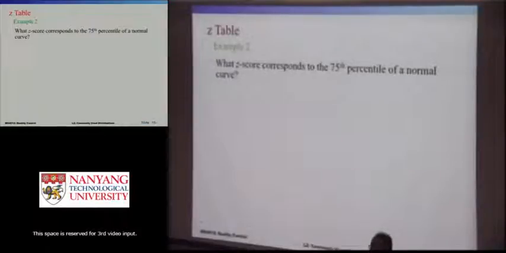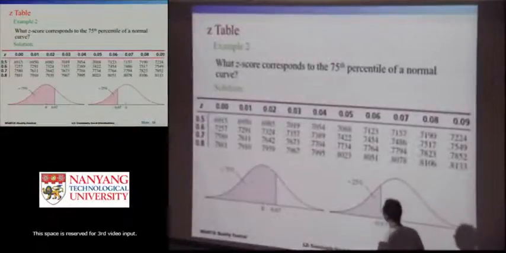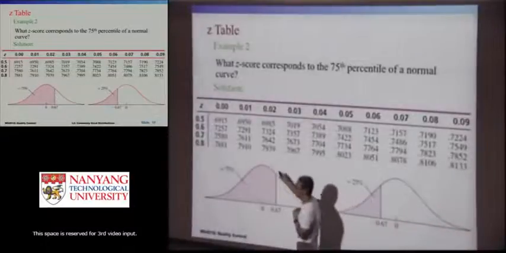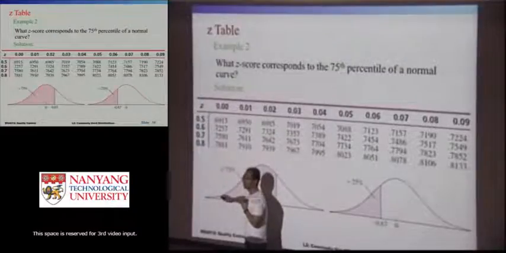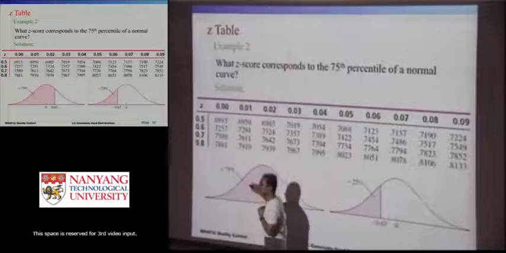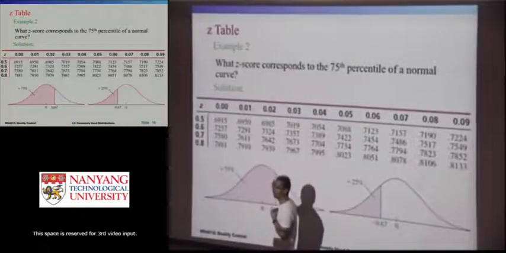You need to find a value such that in your data set, 75% of your data is smaller than this value, right? So how should we understand this in a normal curve? If this is the curve, the shaded area is the probability that we find a data value smaller than this one, right?